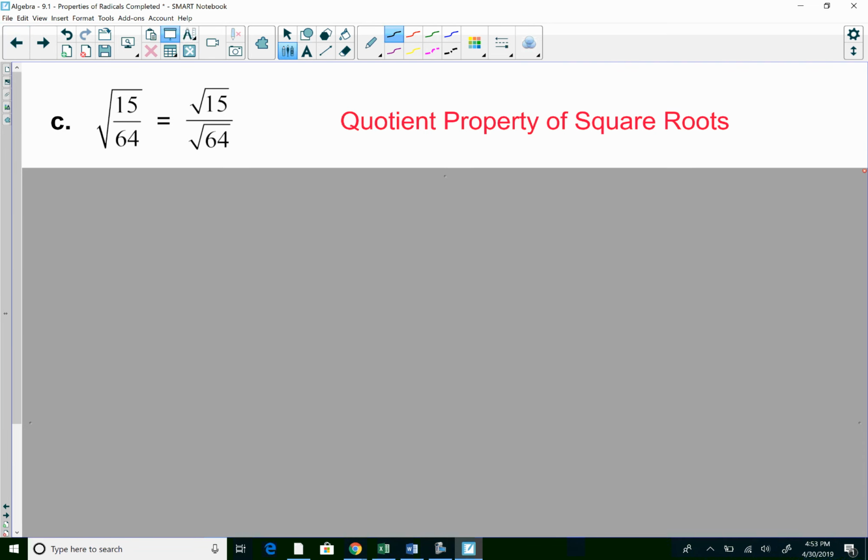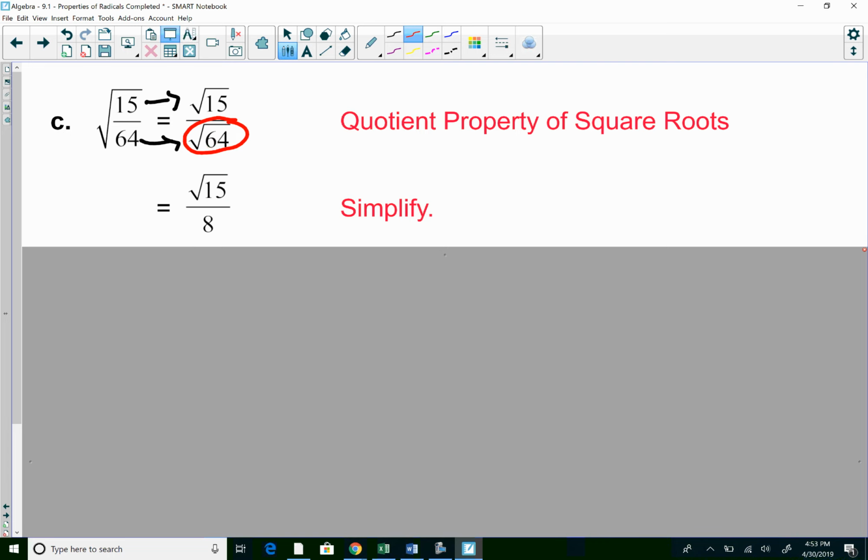So first off, with that quotient property, like I talked about, you have the right as a mathematician to break that up. So their first step is they're just going to break this up into the square root of 15 and then the square root of 64. Lucky part for us, we remember that we cannot have a square root in the denominator, but we notice that 64 is a perfect square already.